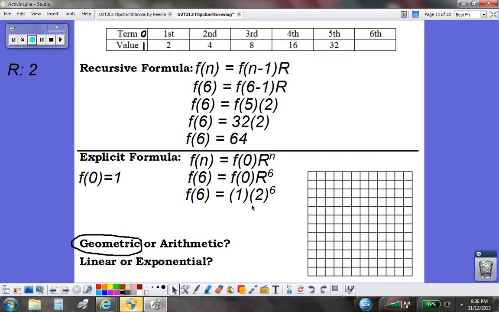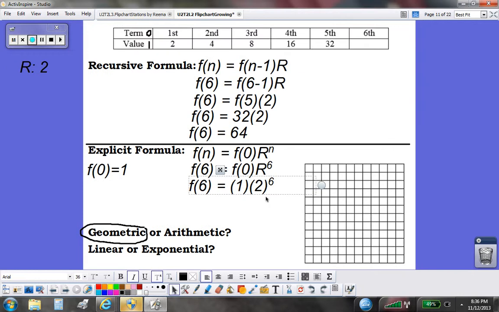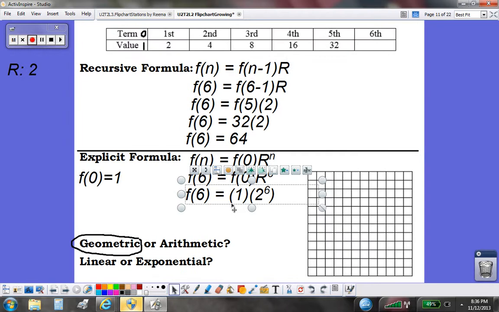Alright, so what I have here is 1 times 2 to the 6th power. Nope, I want to get rid of that. And yeah, that's how I want it to look.